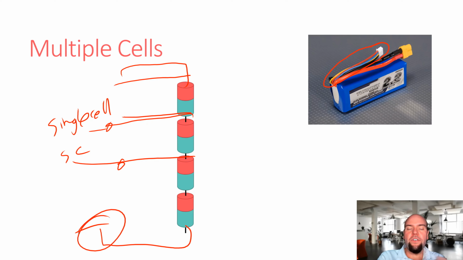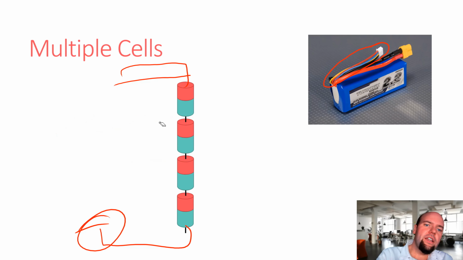So if you're going to charge them cell by cell, the circuit that powers these single cell chargers needs to be an isolated supply.